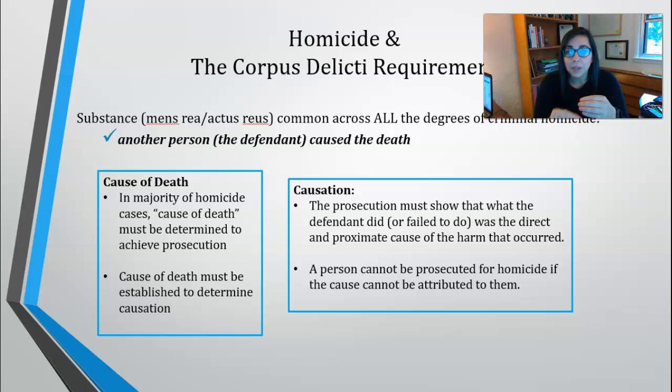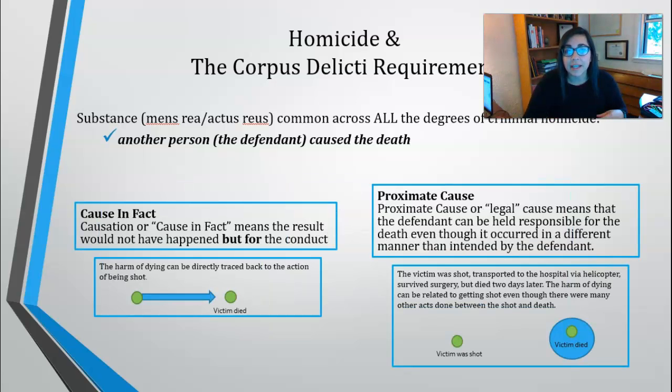So we have to be really careful when we're thinking about homicide cases, what that path was, which action triggered the death, and whether or not that action is a direct trigger and we can associate it to the actual defendant, that other person was the cause of the ultimate death.